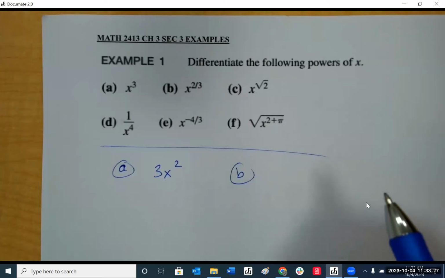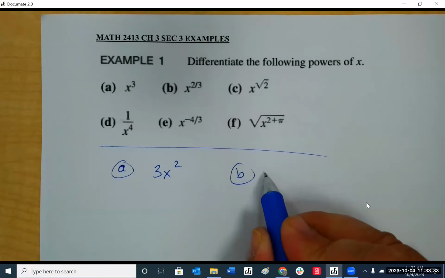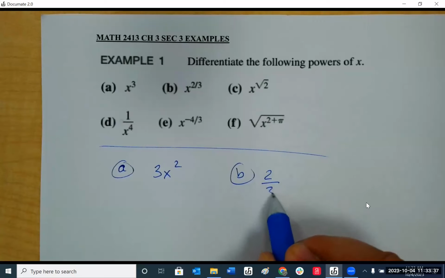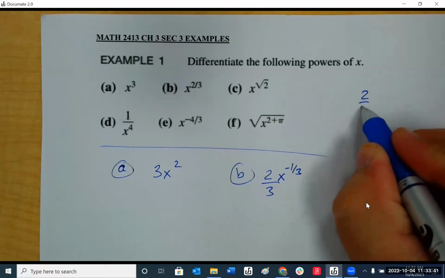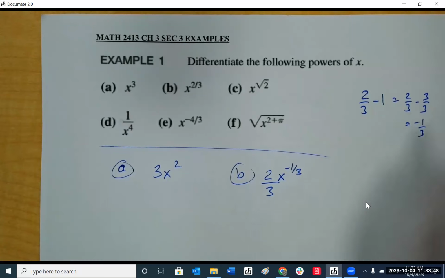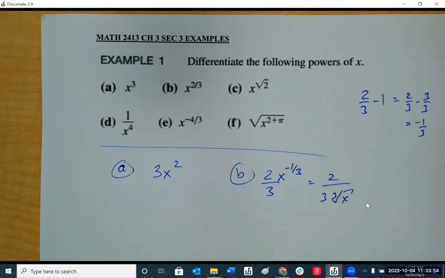I know you guys hate fractions. Is it negative 1/3? So what's the answer going to be? Yeah, because 2/3 minus 1 is 2/3 minus 3/3, which is negative 1/3, which becomes 2/3 cube root of x.